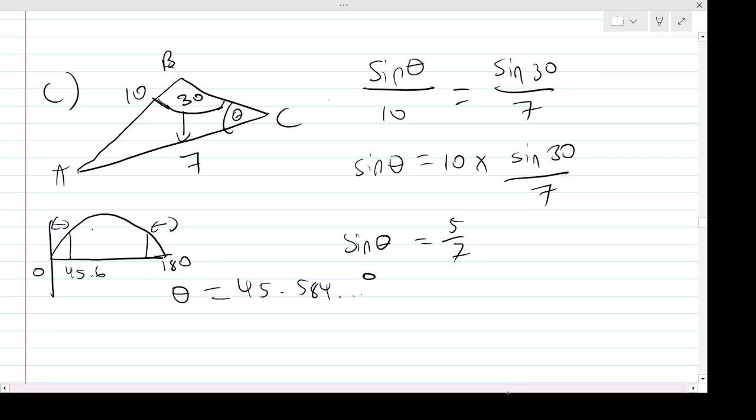And the gap is indeed this 45.6. So then again, the other solution is going to be 180 take away this 45.584, which I worked out. So then it's going to be 134.415... degrees. Okay, so I've got two values of theta.